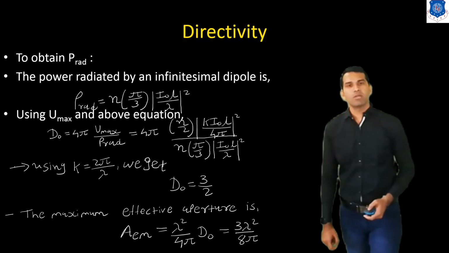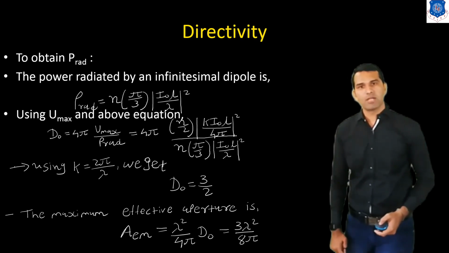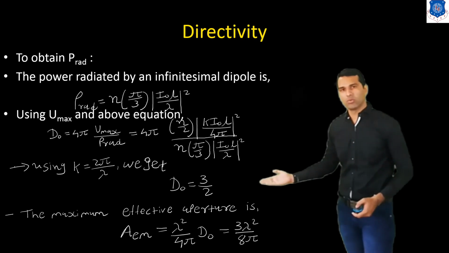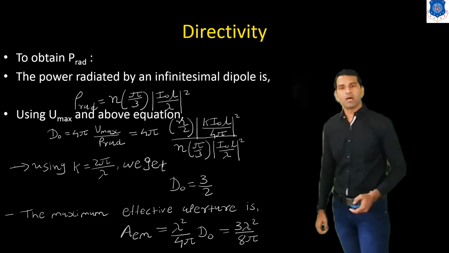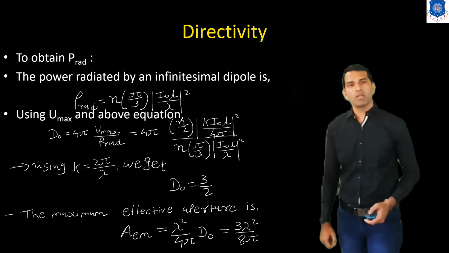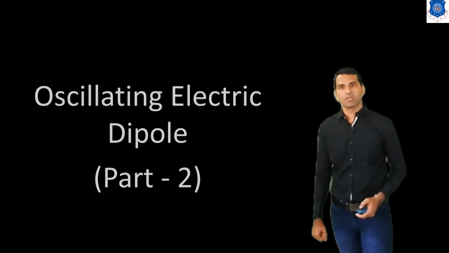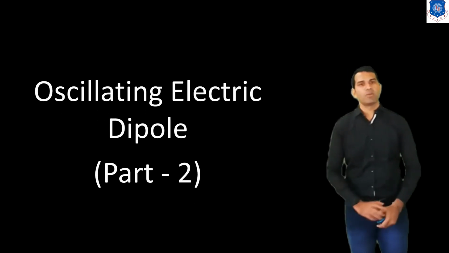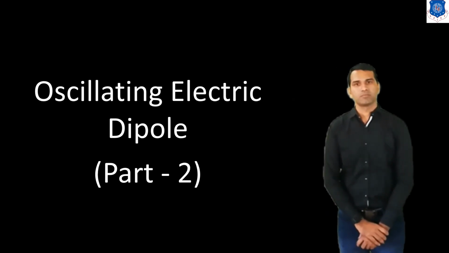So the directivity for the oscillating dipole or infinitesimal dipole is 3 by 2, and the effective aperture is 3 lambda square upon 8 pi. So here we complete the oscillating dipole analysis.